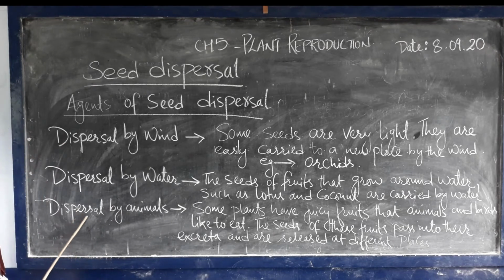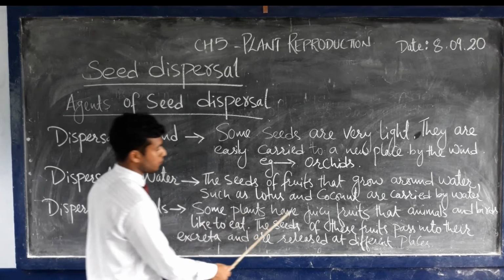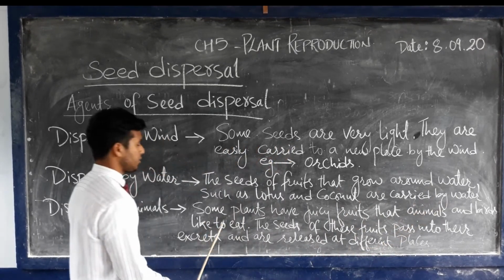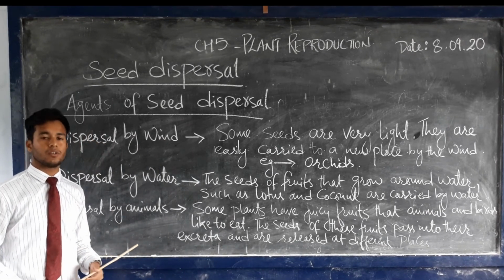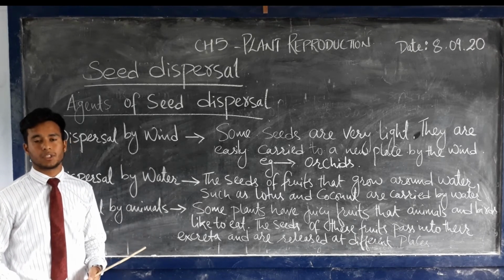Now the third one is dispersal by animals. So some plants have juicy fruits that animals and birds like to eat. So what animals usually do in the forest is they go in search of food or fruits.